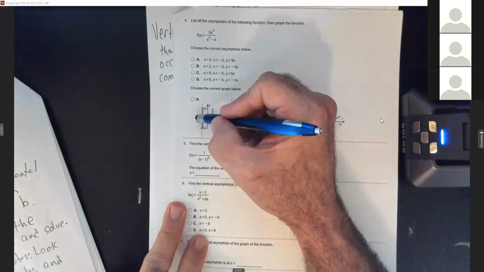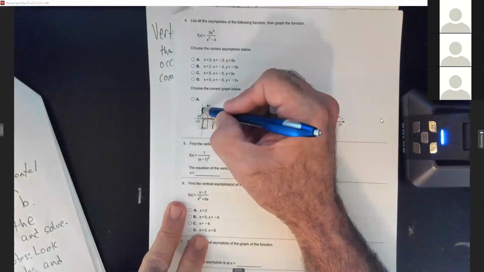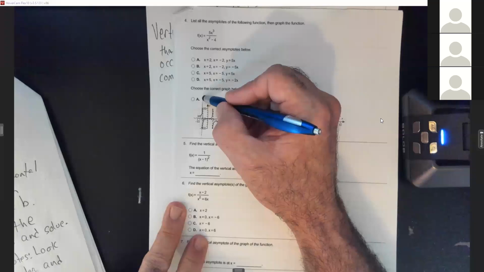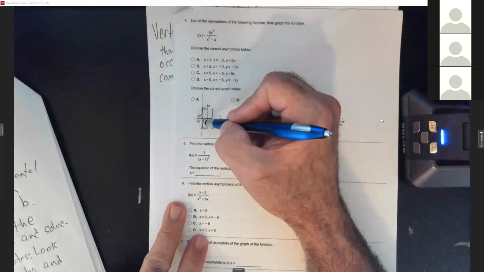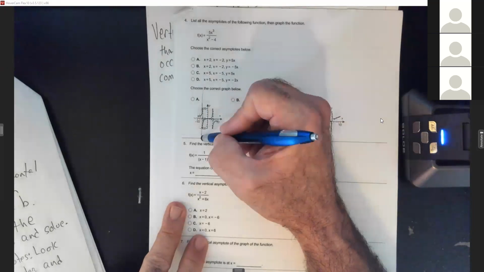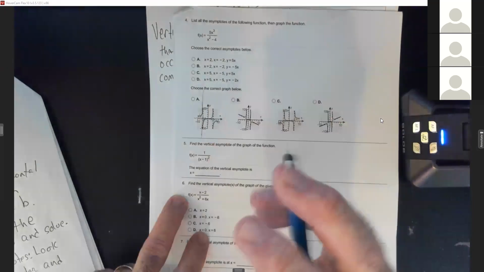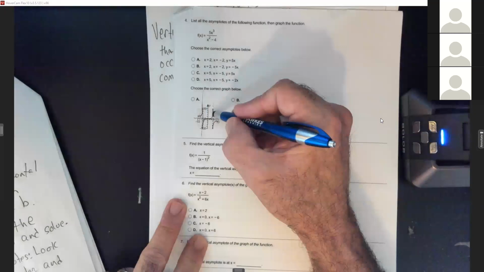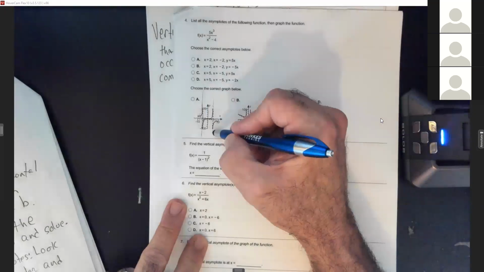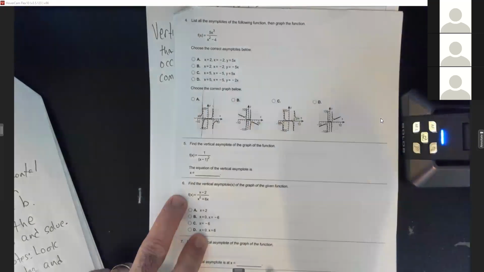On the other side, it'll keep heading up towards positive infinity, but they never touch each other. They just keep going up forever. They get really, really close to the line, but they cannot cross over it, okay? And then that'd be happening right here also. This side would keep going up, and then this side would keep going down, okay?